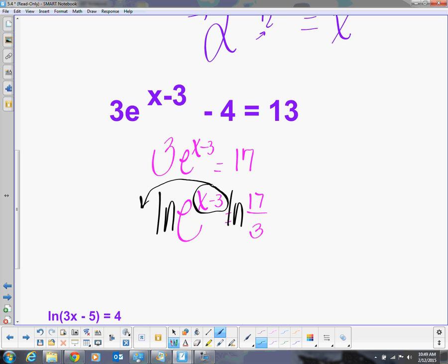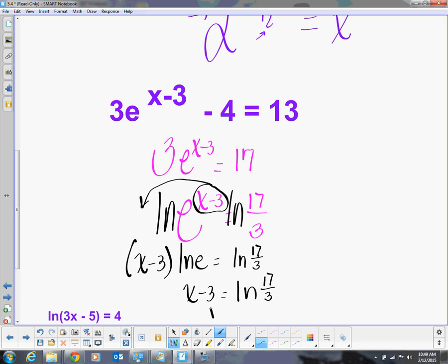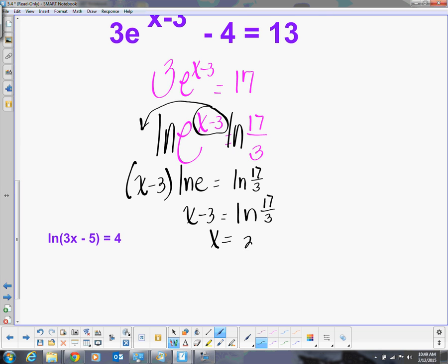It rescues it from the exponent position. So I have x minus 3, natural log e equals natural log of 17 thirds. What's ln e? So x minus 3 equals natural log of 17 thirds. What's x? So I'm going to put 3 plus natural log of 17 thirds. Or you could have added 3 at the end.